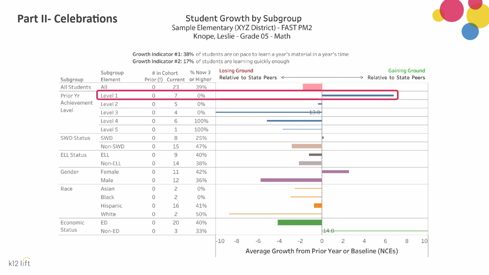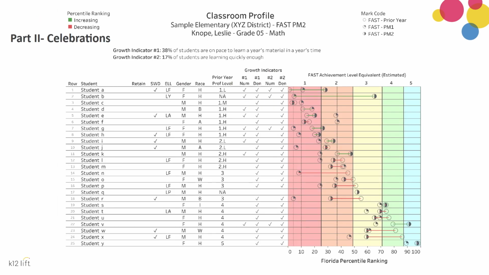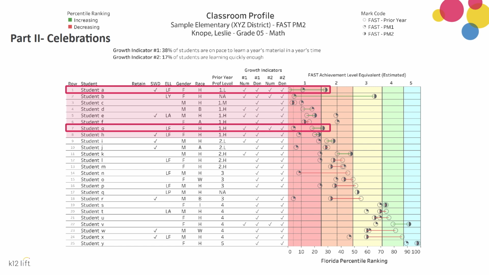This is one where I think we noticed a lot of growth indicator success, and so some of you may have gone straight to the classroom profile to check that out. Did you notice there were a few students who had long green lines? In level 1, student A had a relatively long line, and student G had a relatively long line.